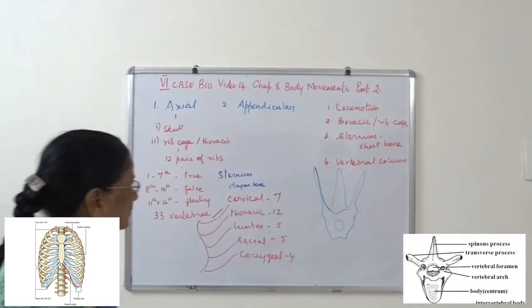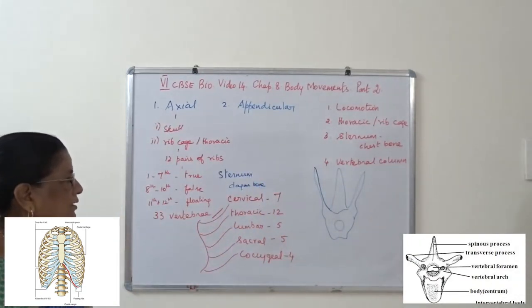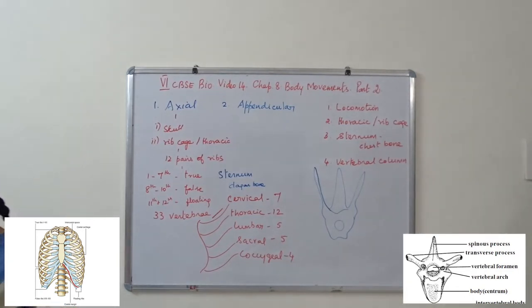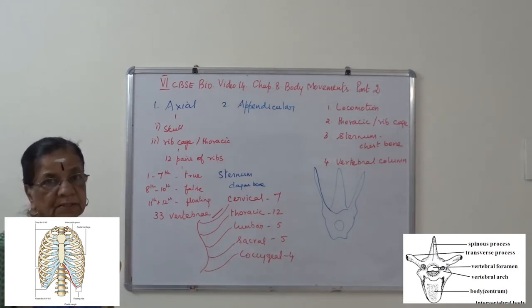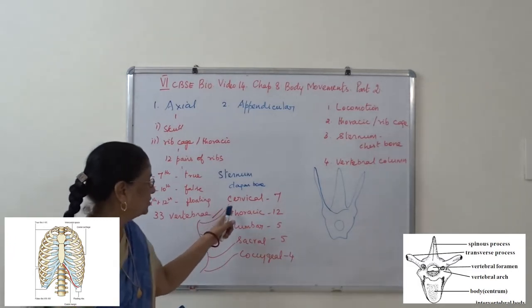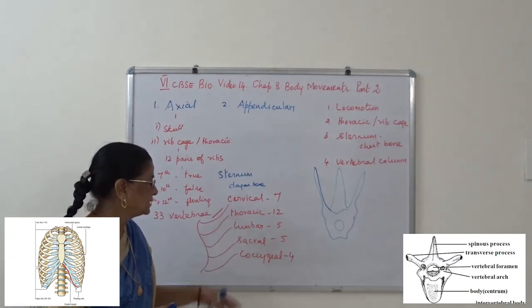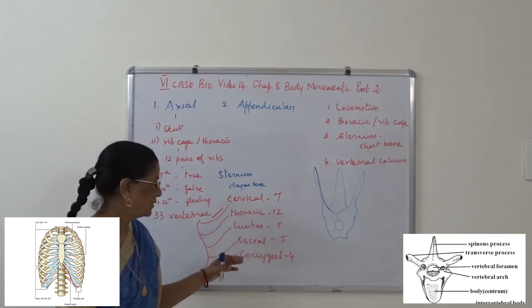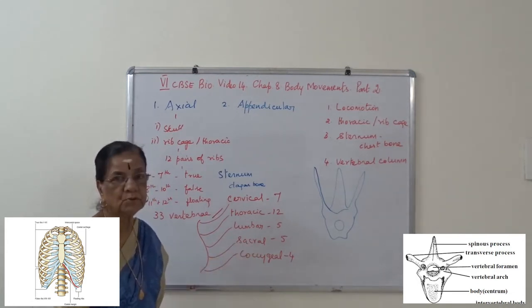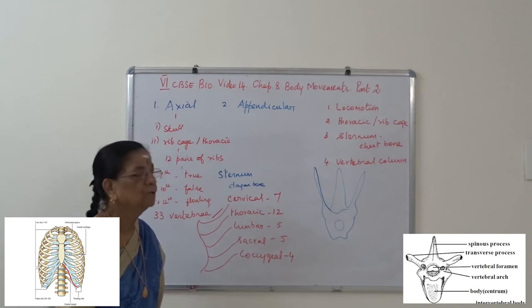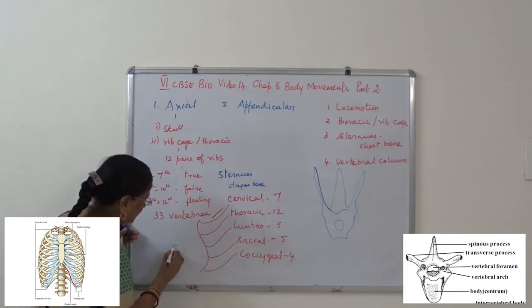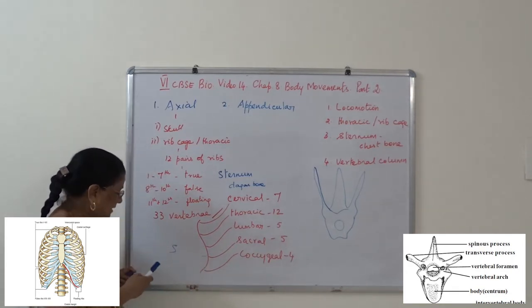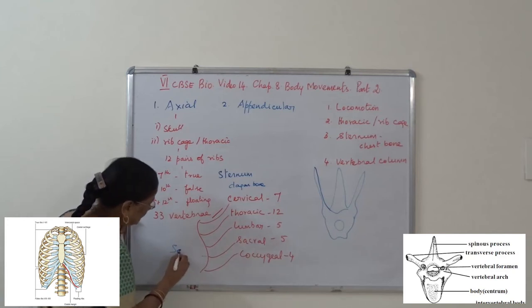We'll continue. We are talking about the vertebral column. As I said just now, there are 33 vertebrae. I repeat: cervical 7 bones, thoracic 12, lumbar 5, sacral 5, and coccygeal 4. The 5 sacral bones united to form a single bone called the sacrum.